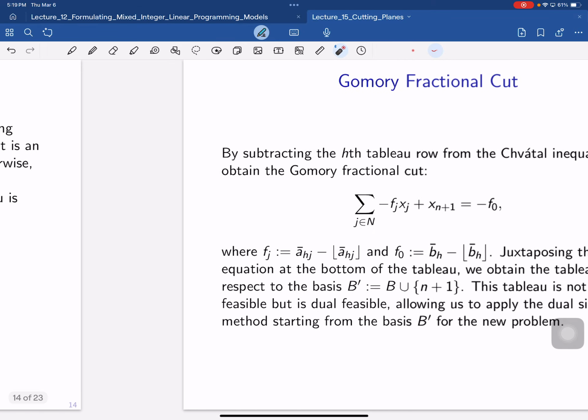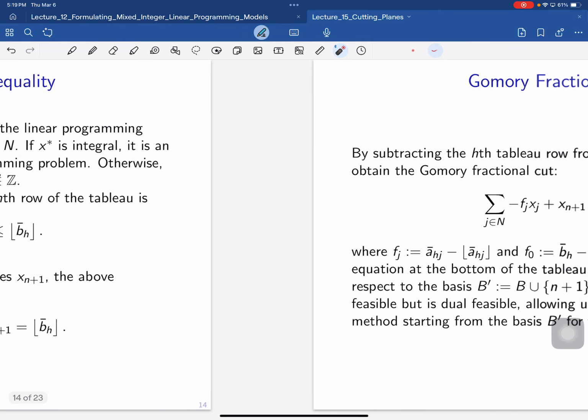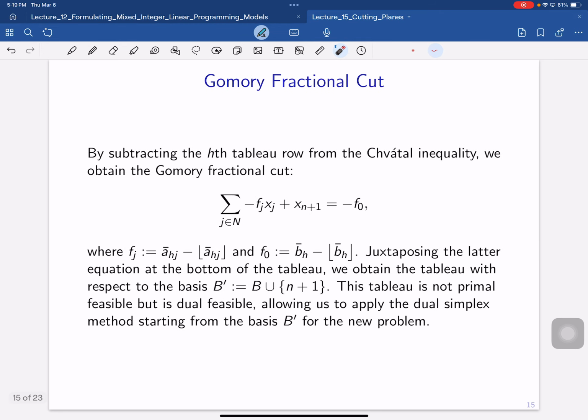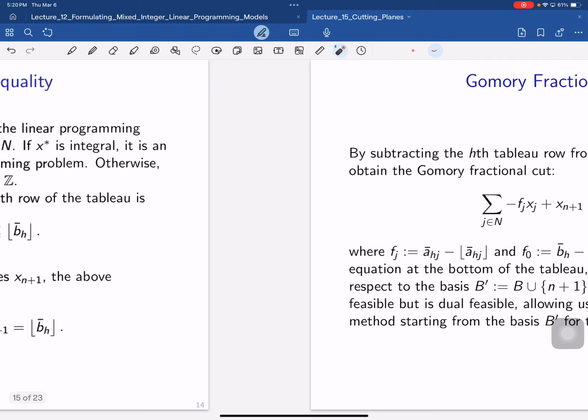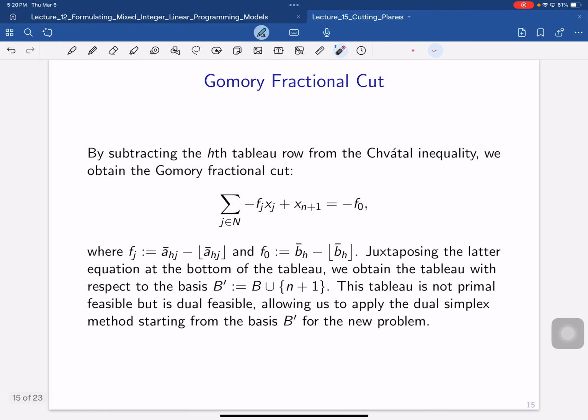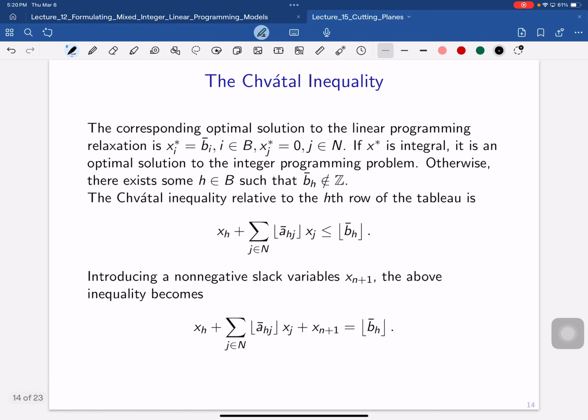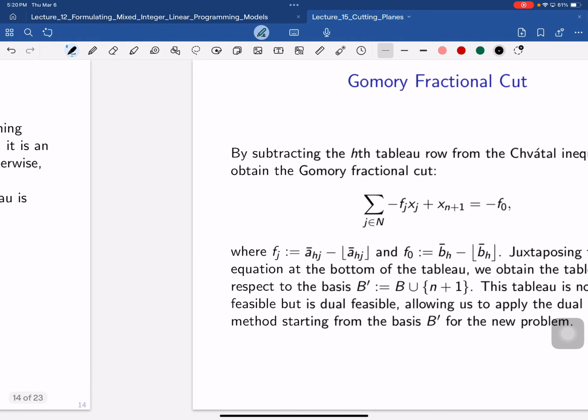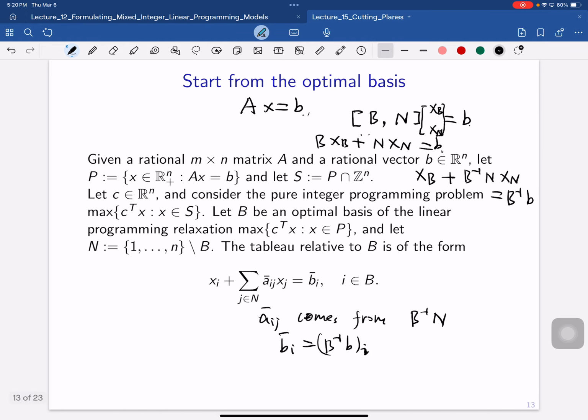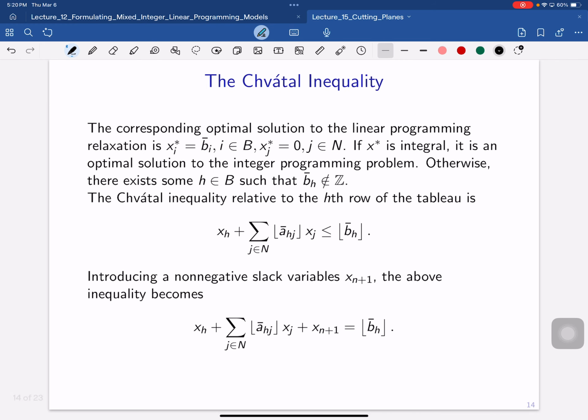Okay, so if you do that, you can also derive something by subtracting the h-th tableau row from the Chvátal-Gomory inequality. So the original tableau row is xh plus the sum over j in N of ahj bar xj equals bh bar.